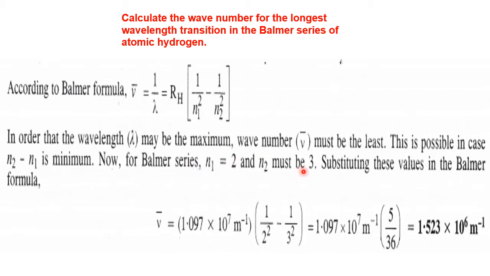Substituting these values in the formula, nu bar equal to Rydberg constant 1.097 into 10 to the power 7 per meter into 1 by 2 square minus 1 by 3 square. If you simplify by the LCM method, it is 5 by 36. After simplification, in scientific notation, we get 1.523 into 10 to the power 6 per meter.